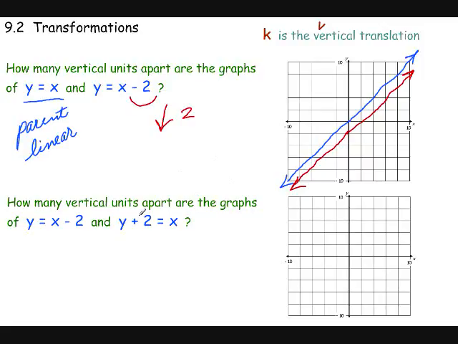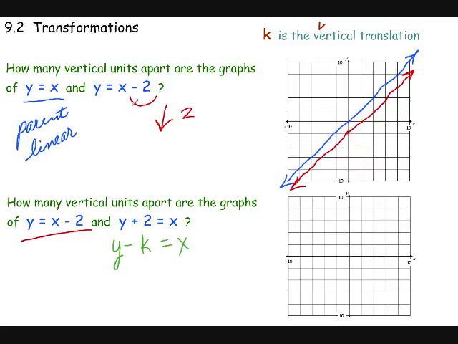How many vertical units apart are the graphs y equals x minus 2? Okay, so that's the one we just did. And y plus 2 equals x. I'm going to go to a different color again. Let's try green. Now, to make sense out of this, hadn't I better do this? y minus k equals x.